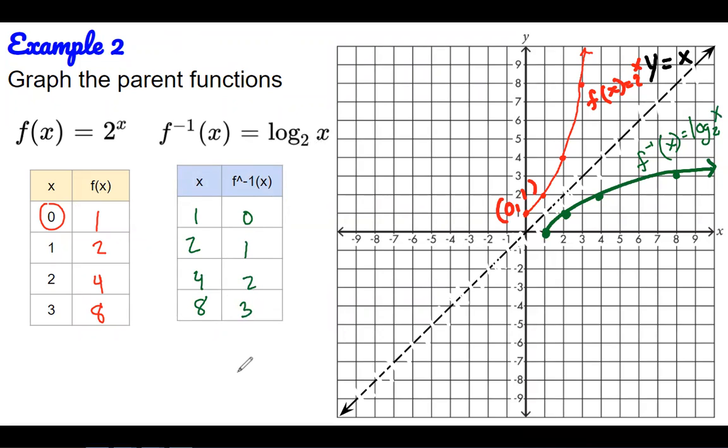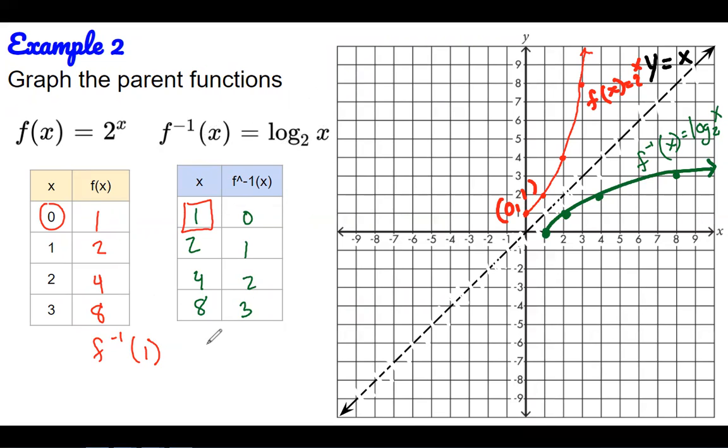Now let's go ahead and solve it mathematically. So I'm going to pick my first value for x. Let's say x equals 1. So I want my inverse function evaluated at 1. I have my logarithm right here that I want to evaluate.